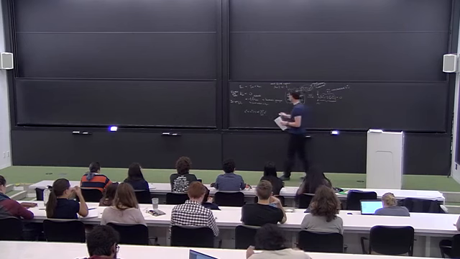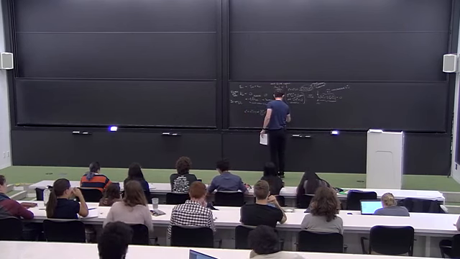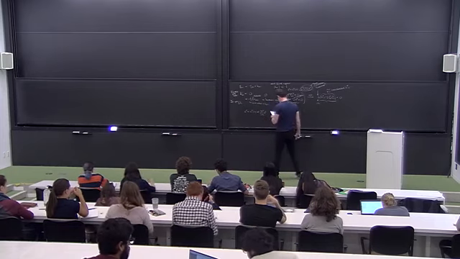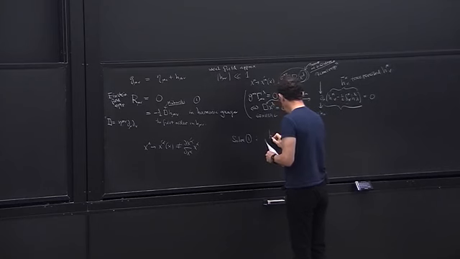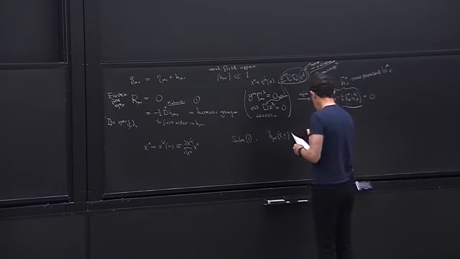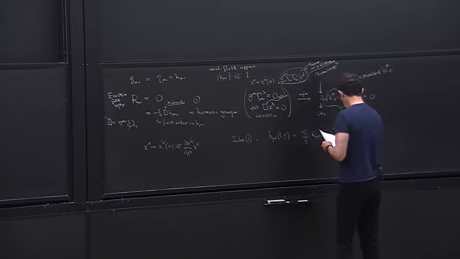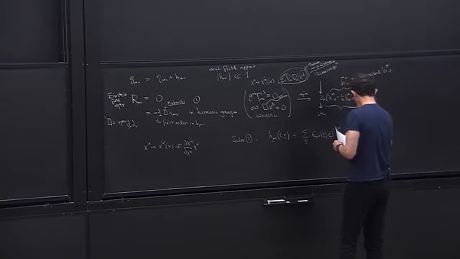So let us solve this. Let's call this equation 1. Let's solve 1. It's an easy equation to solve, so we write h mu nu of t and x is equal to the sum over k vectors of epsilon mu nu of k e to the I k dot x plus complex conjugate.